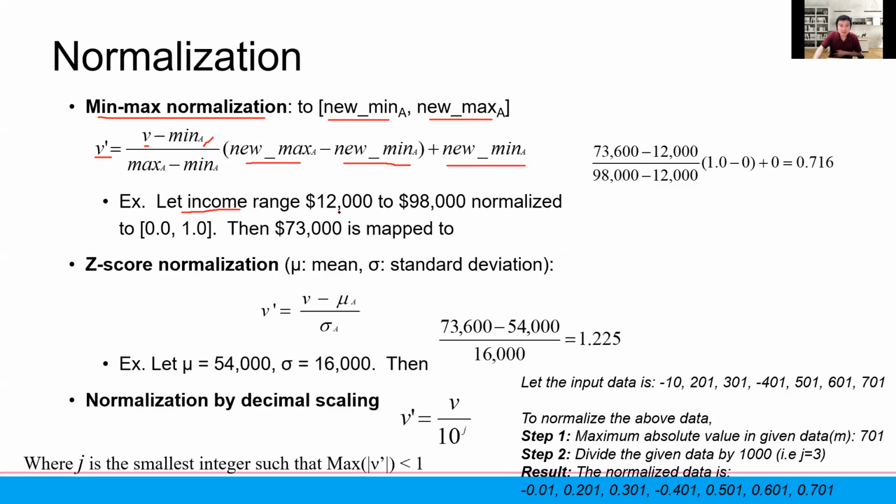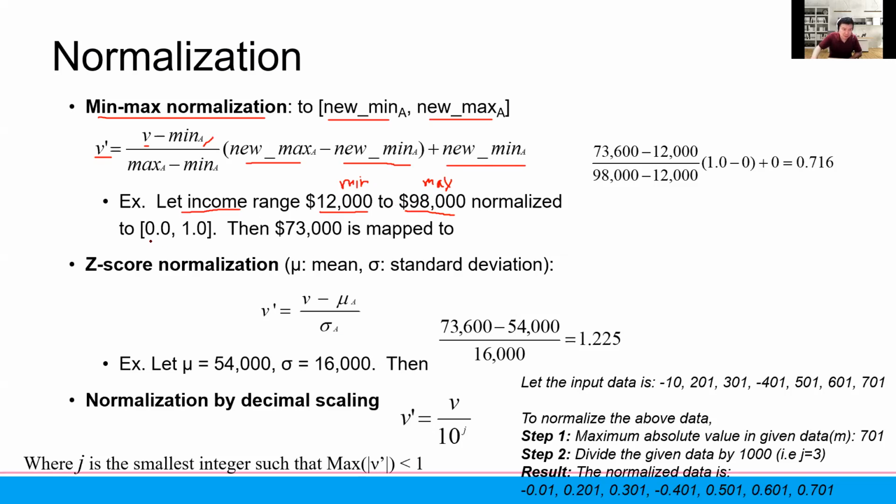Suppose we have an income range between 12,000 US dollars and 98,000 US dollars. The range is very big, between 12 and 98. This is the minimum, and the other value is the maximum. Now you need to find the new minimum and the new maximum.